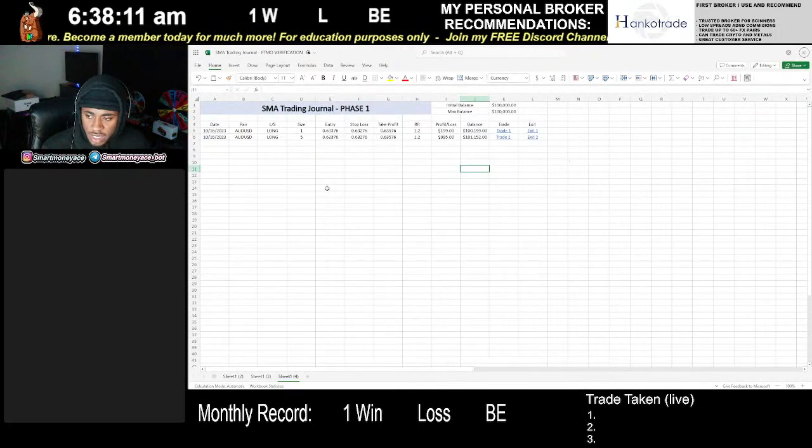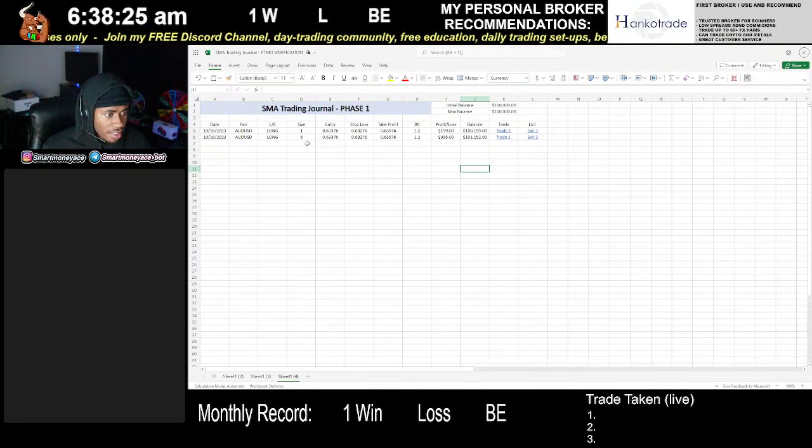So on that trade, I risked around 0.6%. I had an entry with a 1 lot and a 5 lot. A 1 lot is 0.1%, if I'm not mistaken, and then a 5 lot is half.